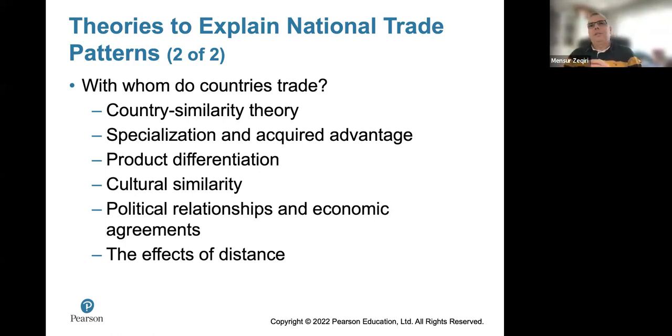Another important aspect that helps to explain with whom countries trade is product differentiation. Product differentiation causes countries to conduct two-way trade in seemingly similar products.